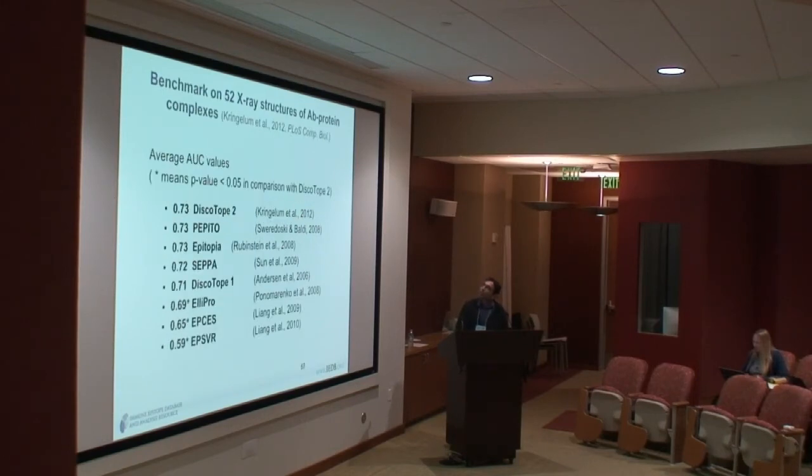In a more recent work, the Discotope 2 paper, you'll see that Discotope 2 outperforms some of the older algorithms such as Epitopes, CAS, and SPR, but the performance is quite comparable with other methods.